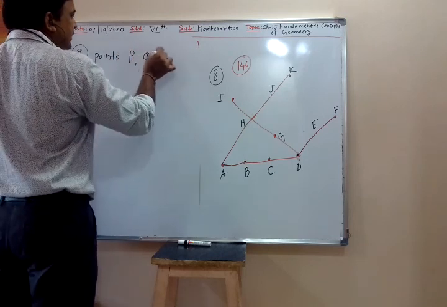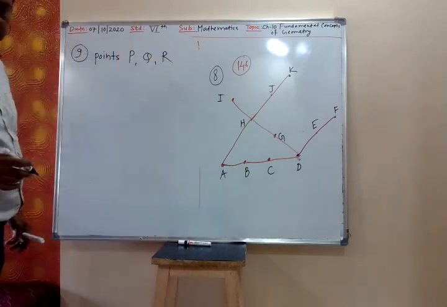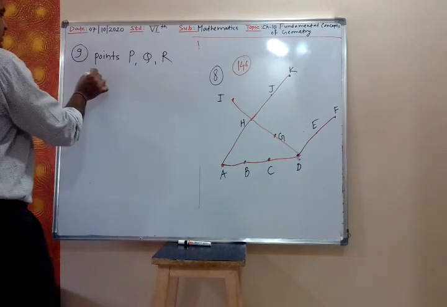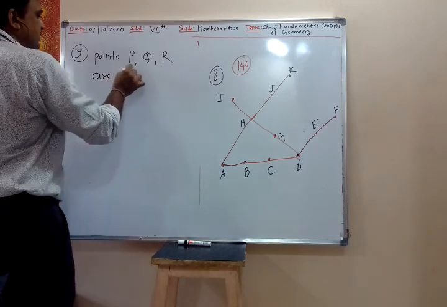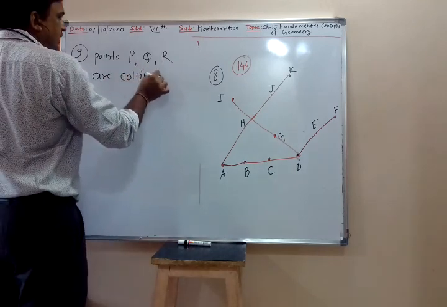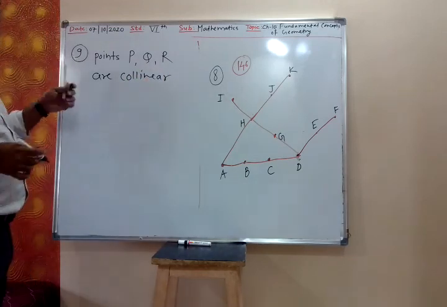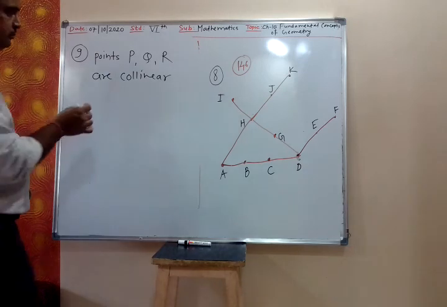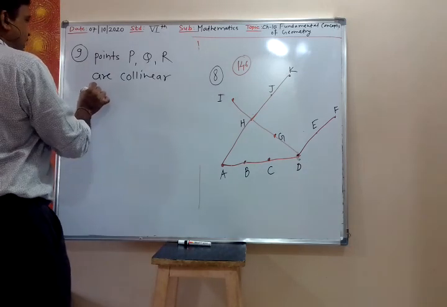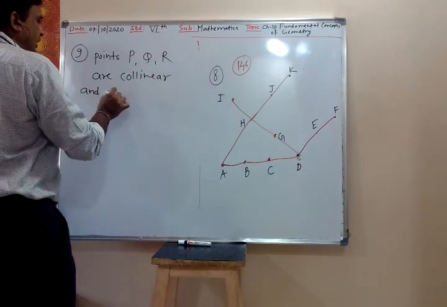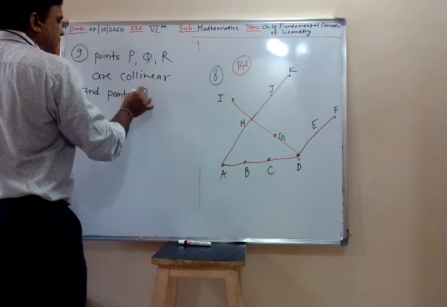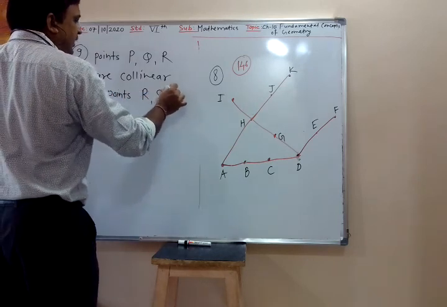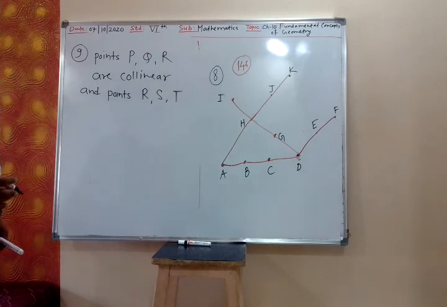Ninth one. Now I am writing question number 9. Points P, Q, R are collinear, and points R, S, T are collinear.